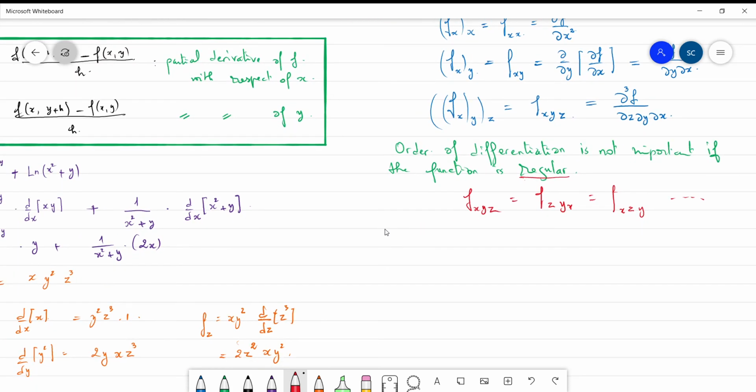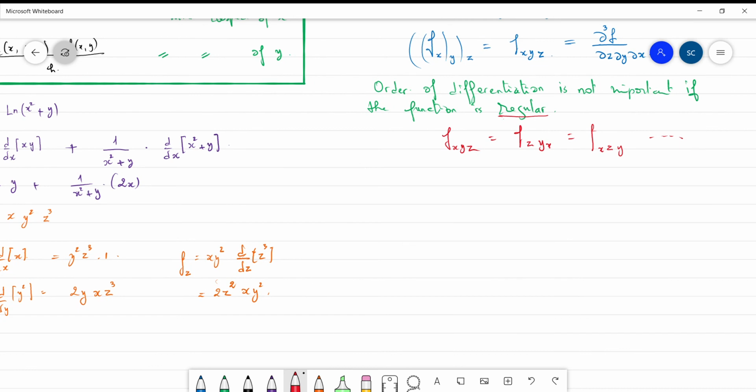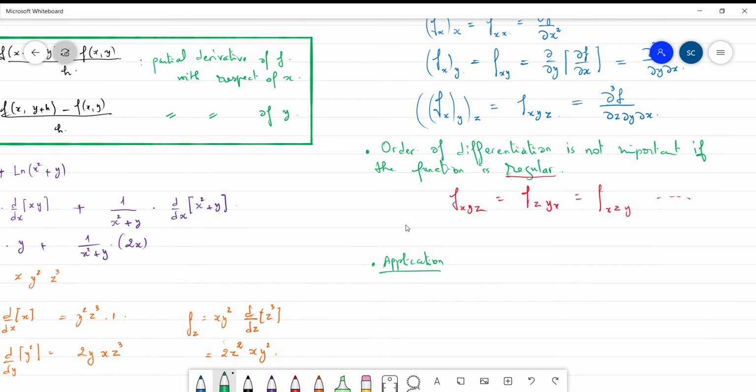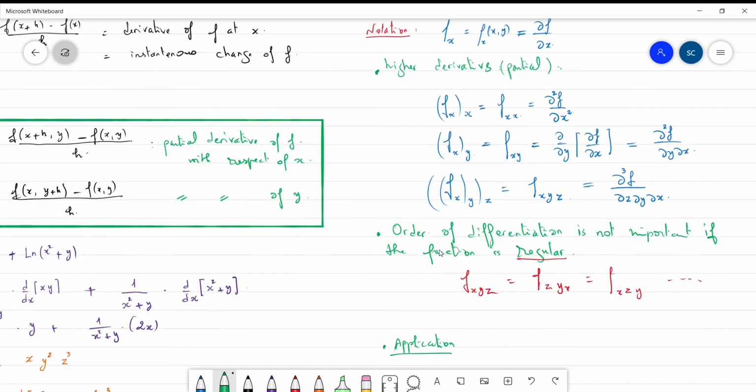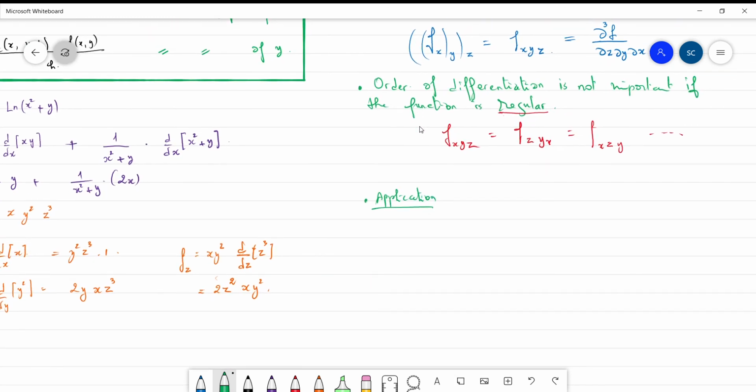And as an application, these functions appear in modeling. They are involved in the domain of partial differential equations, PDE as we call it.